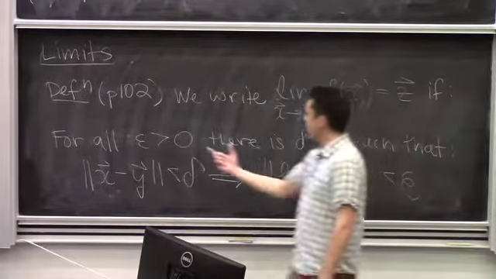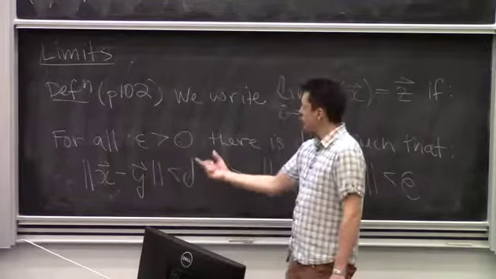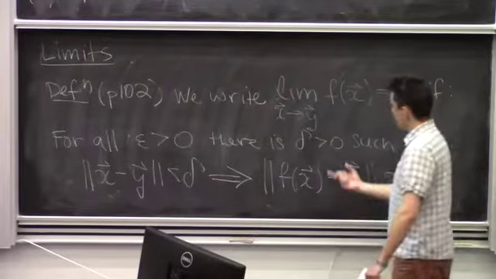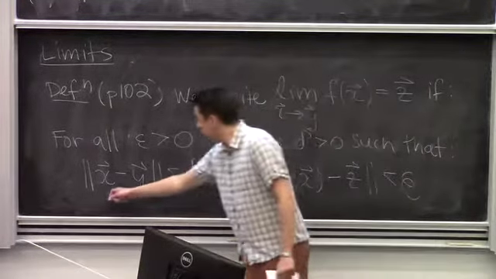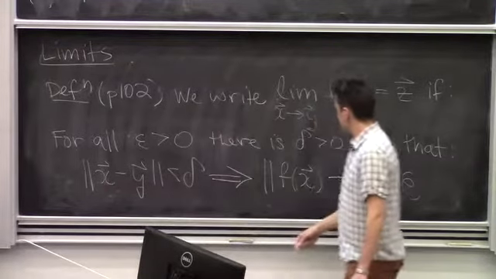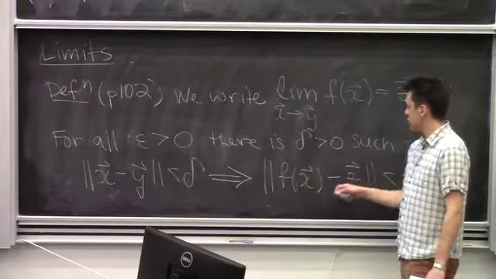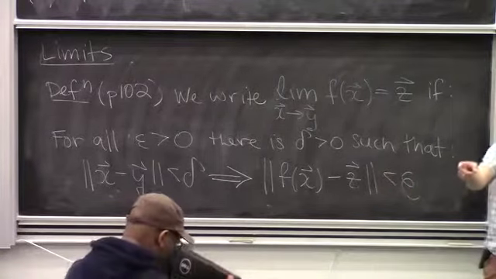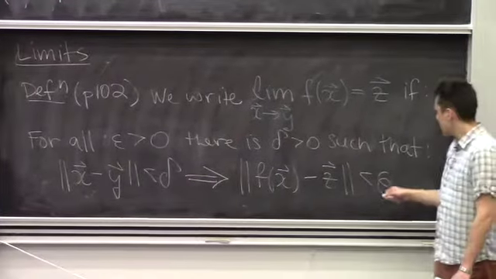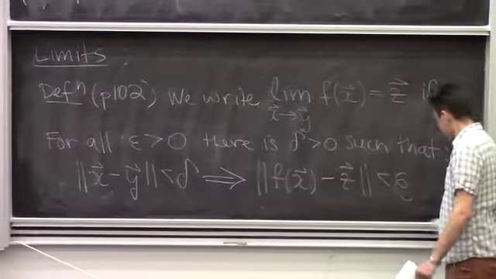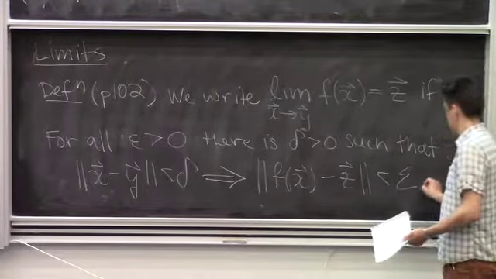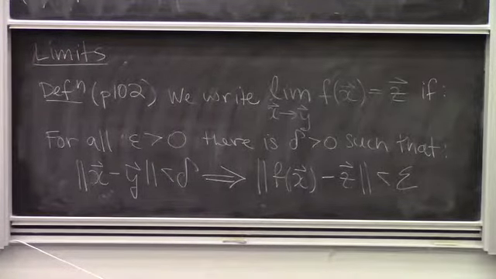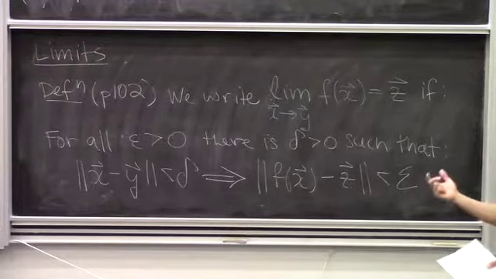This is saying that for any amount of error we want, for any epsilon that we want, there is a difference, delta, such that if the difference between x and y is less than delta, then the error of our function to its limiting value is less than epsilon. Okay, so this is our definition of a limit in multiple dimensions.